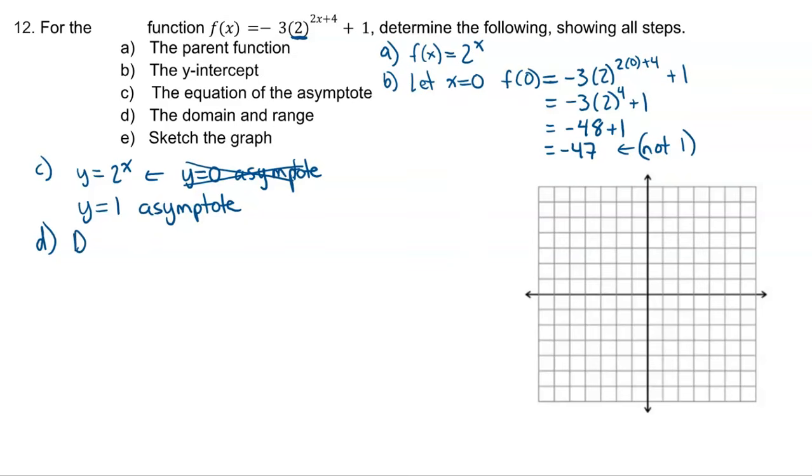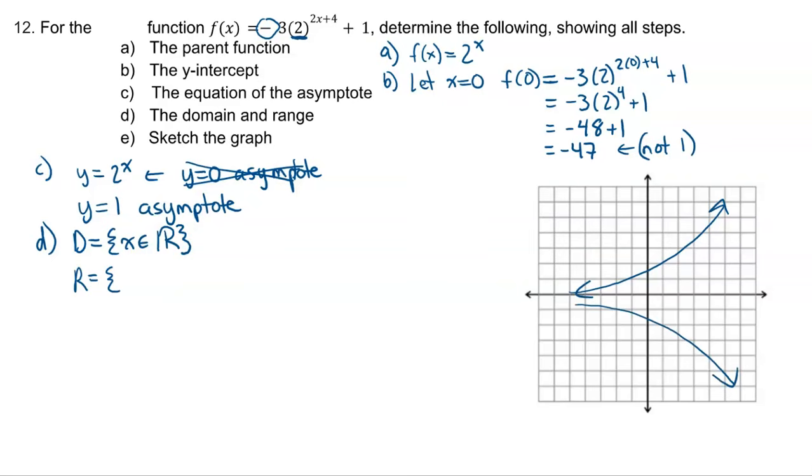Part D says what the domain and range are. And so for any type of exponential function, the domain is always all the possible x values. So x is a set of all real numbers. The range, though, is something we have to think a little bit about. So if it was y equals 2 to the power of x, then our range would be y is greater than 0.